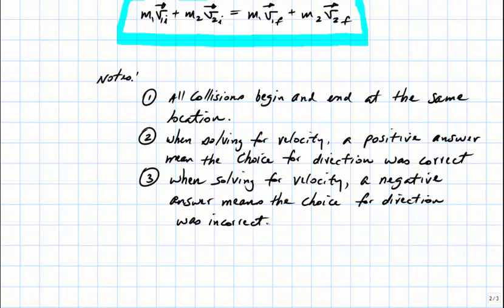Fortunately, we wouldn't have to repeat the problem under these circumstances, but we would have to realize that if our choice was a left-bound velocity, well, then the object is actually traveling towards the right after the collision.